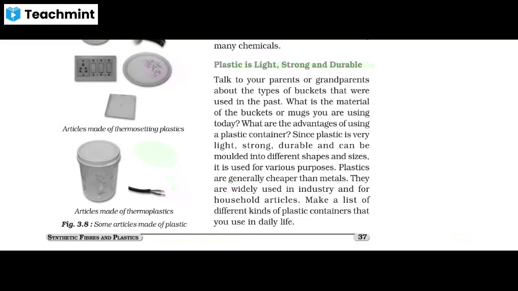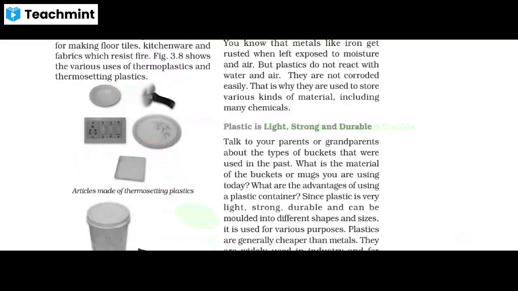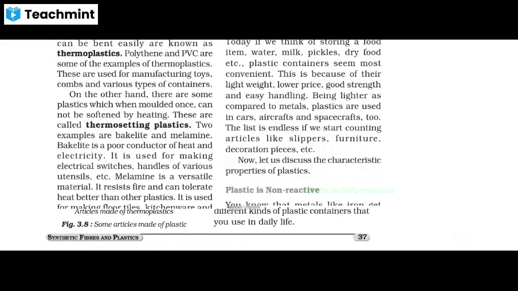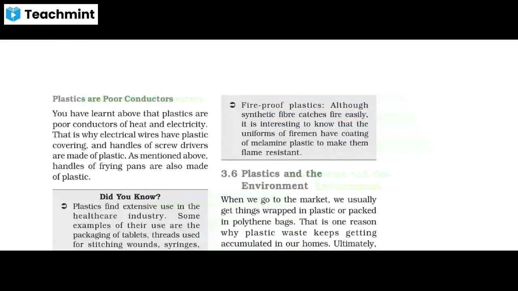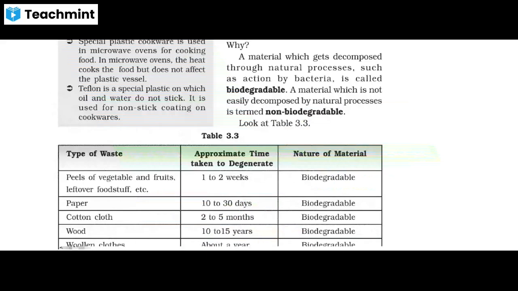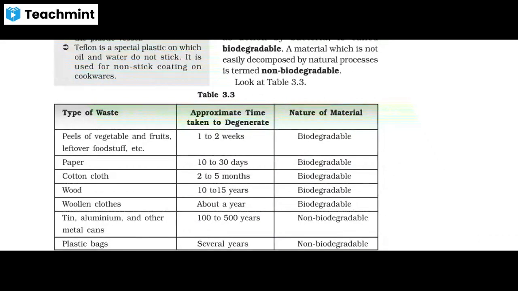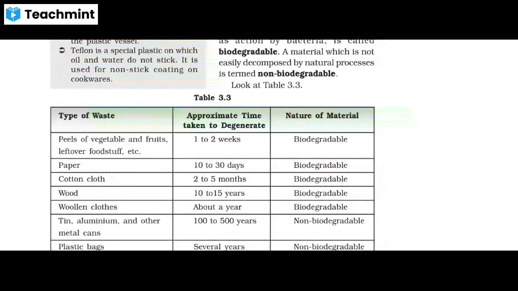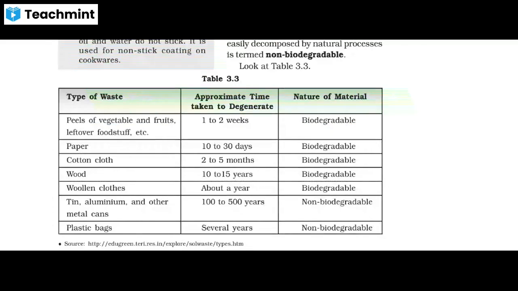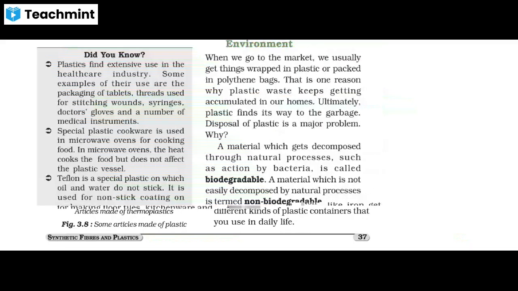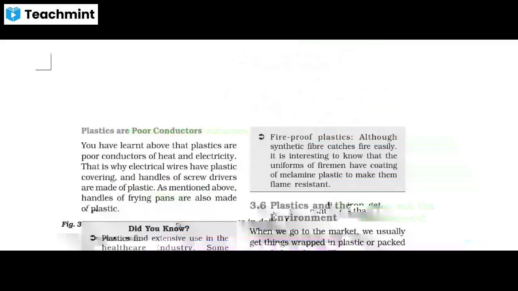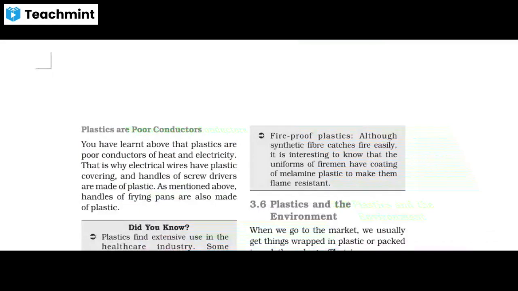Here, some lists are given in this lesson of waste materials and how much time they take to degrade. Before that, we'll see how plastics are poor conductors. We have all come across electrical wires and switches.